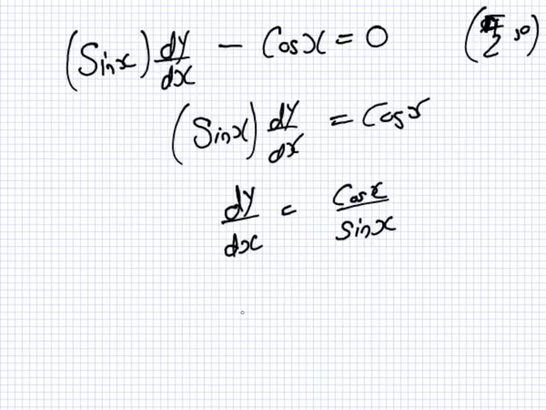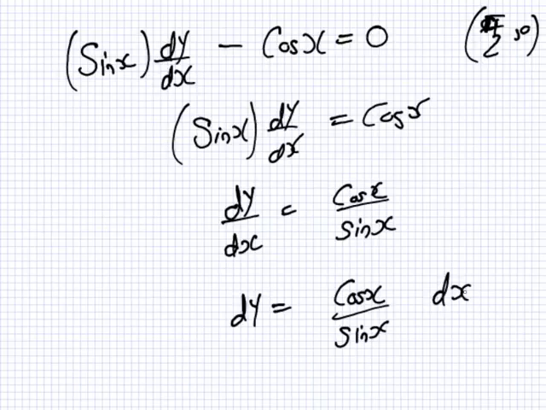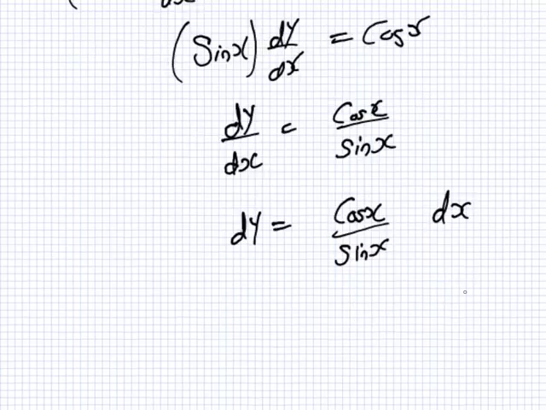So what's next? We should bring the dx up to the right. So what variables are on the left? The y variable. And what variables are on the right? x variables. So now we integrate.